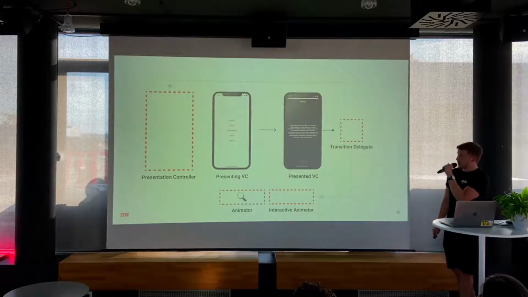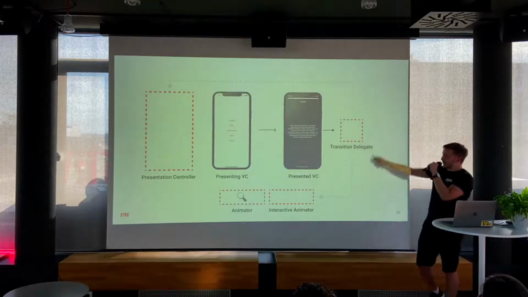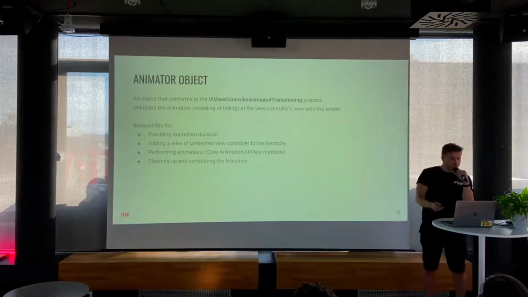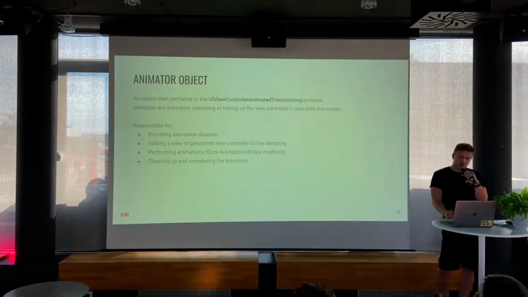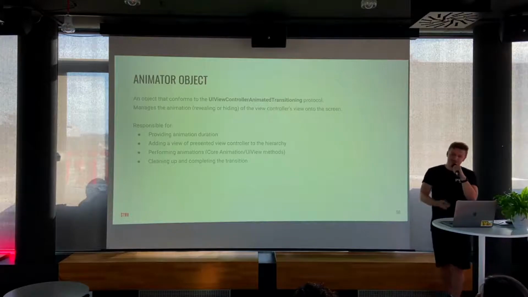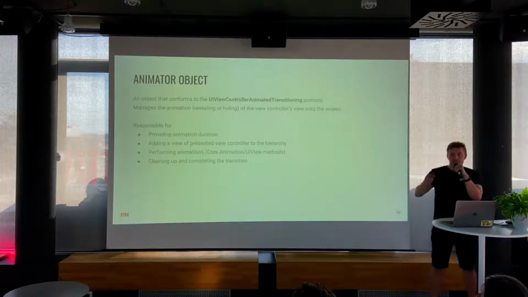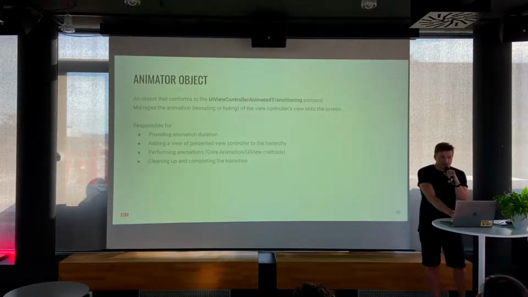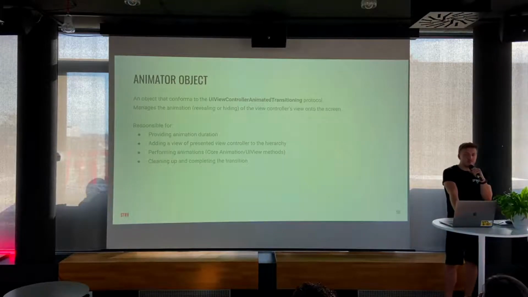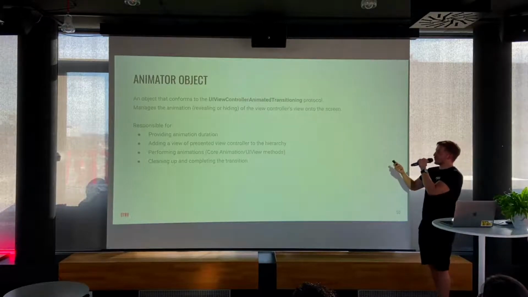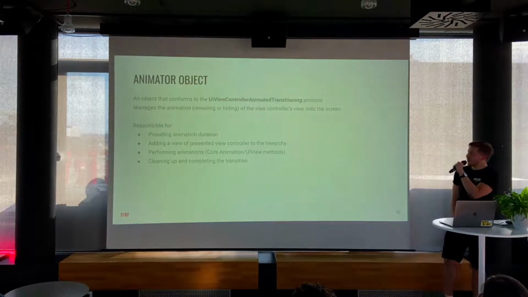The next object provided by this delegate is animator. This object conforms to a protocol called UIViewControllerAnimatedTransitioning. This object manages the animation of the new or existing view controller. Plus, it has partial tasks. For example, this object has to provide a duration of the animation.